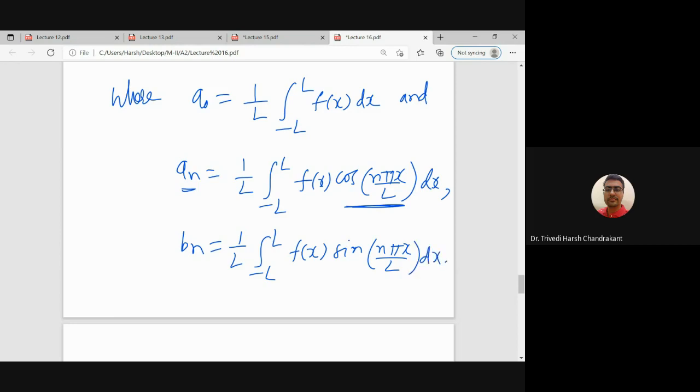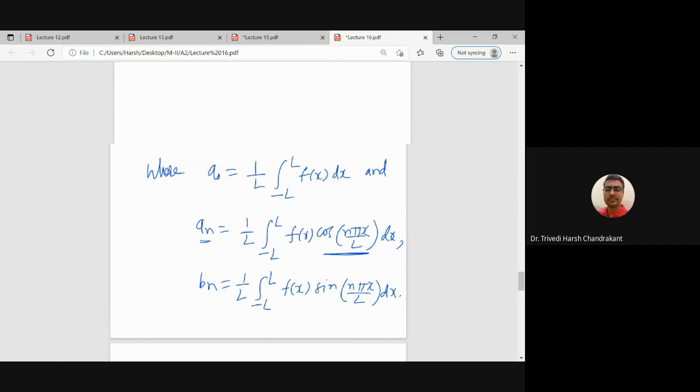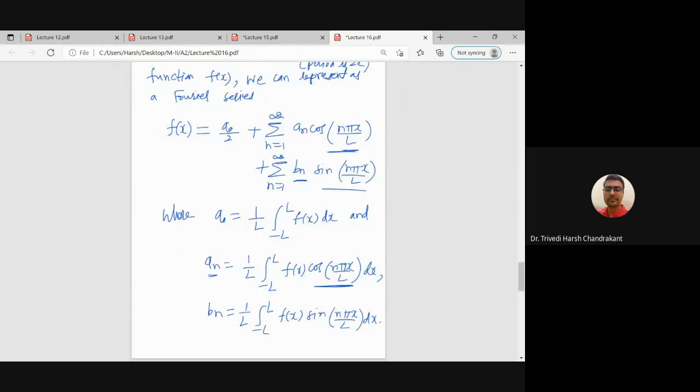So this is essentially the definition of the Fourier series. The Fourier series of the function f(x) is this right hand side series, where the coefficients a0, an and bn we find using these three integrals. We have written it as equal, but f(x) and this series are equal only when the function is continuous at that point.